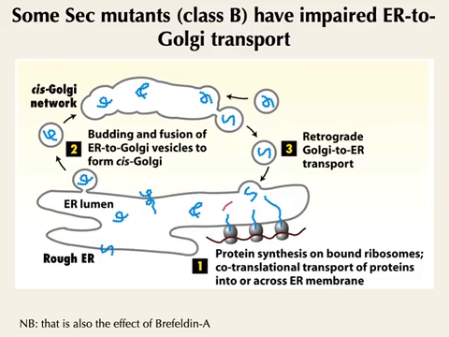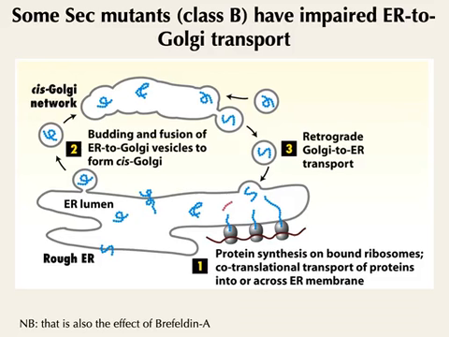Well, because by blocking the retrograde transport very quickly, you actually deplete the ER of proteins that are necessary for the anterograde transport. As a result, the proteins can't even be trafficked from the ER to the Golgi.